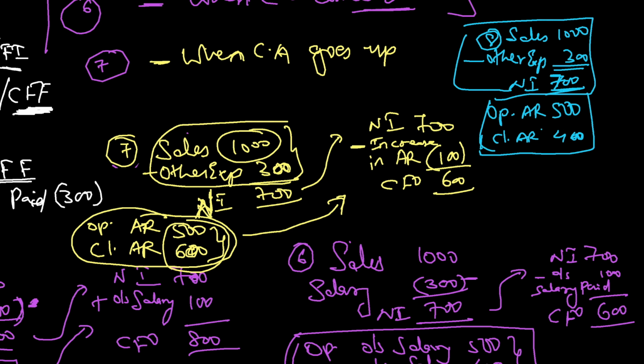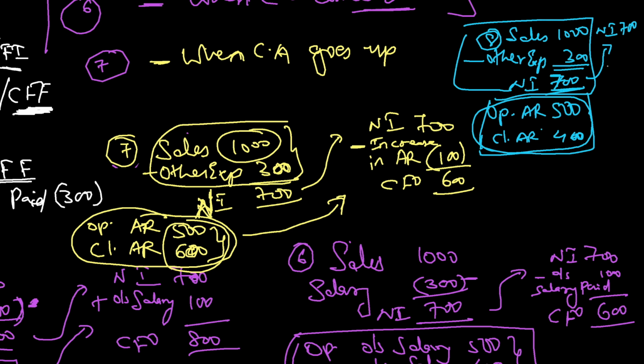So how I will treat is, my net income is going to be 700. And then, because when I come here, I get to know that I have received 100 more, I will add that 100 as well. So when my current asset is coming down, that means it is getting converted into cash, which is good for me.